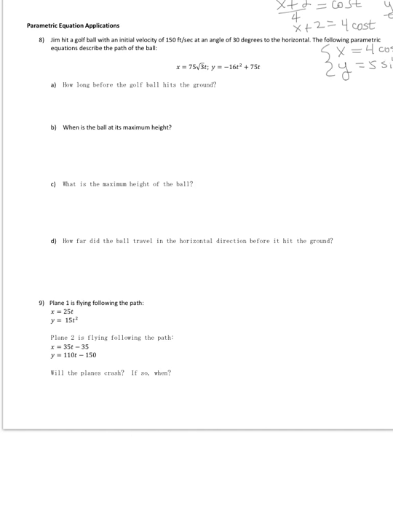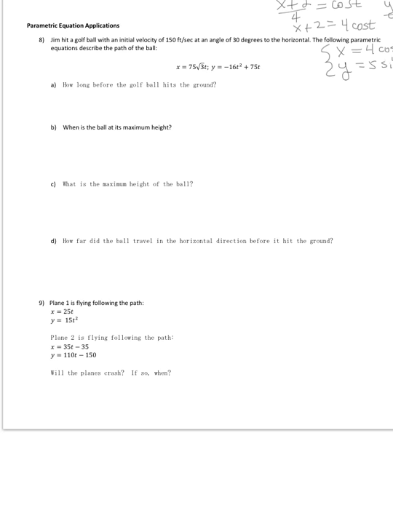So what you're going to do with this problem is enter these parametric equations into your calculator in the graph screen under parametric equations. And once you have your parametric equations graphed, then you're going to trace the graph to answer the questions.